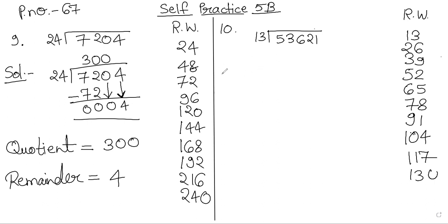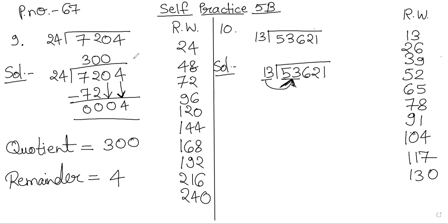Now to solve, first of all, our first step should be to copy down the question. Now check, the divisor is of 2 digits. So we will choose the leftmost 2 digits from the dividend. Compare these. This number is greater than the divisor, so we can divide.